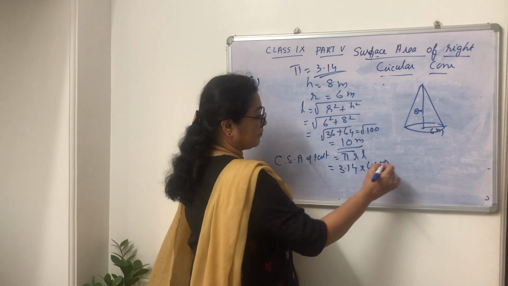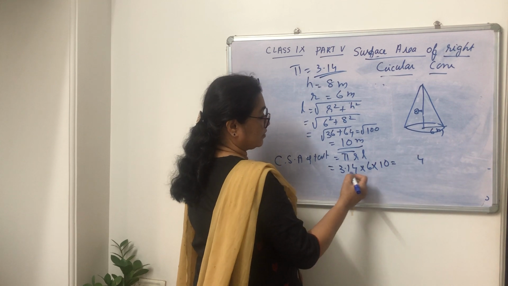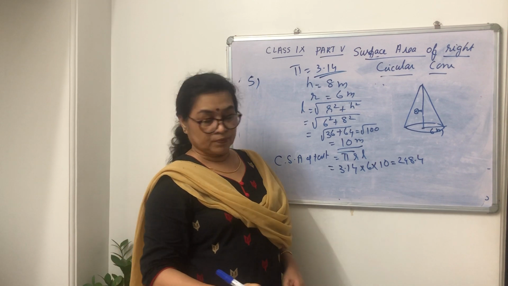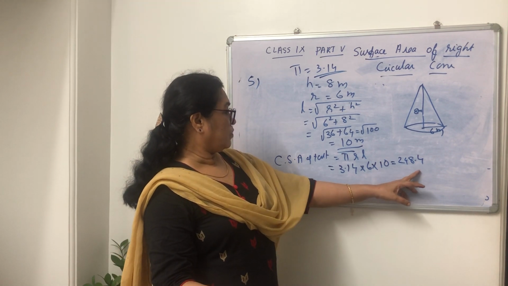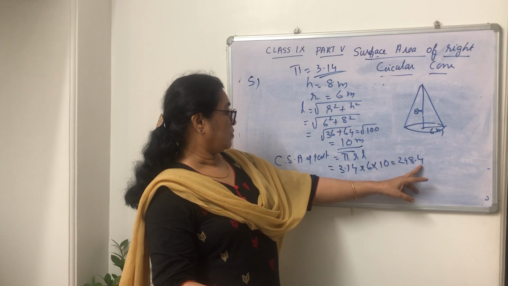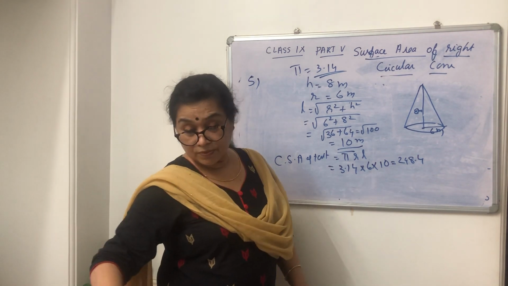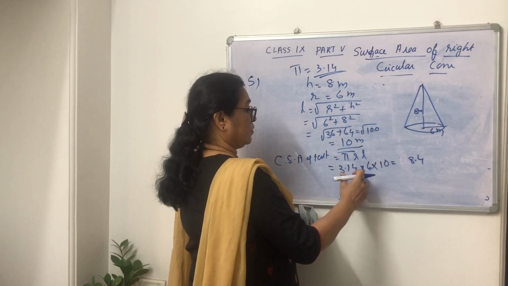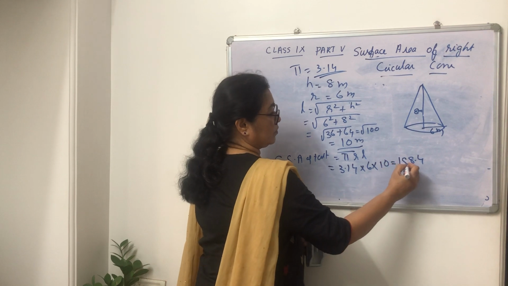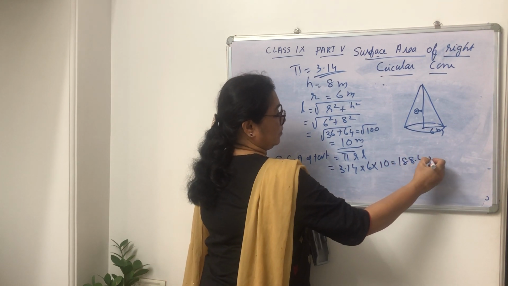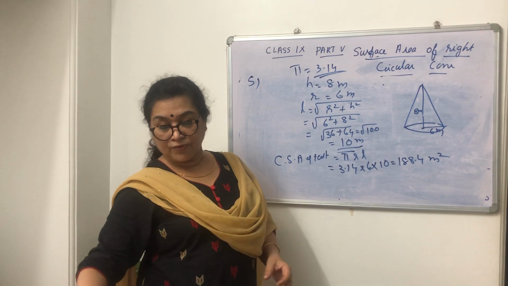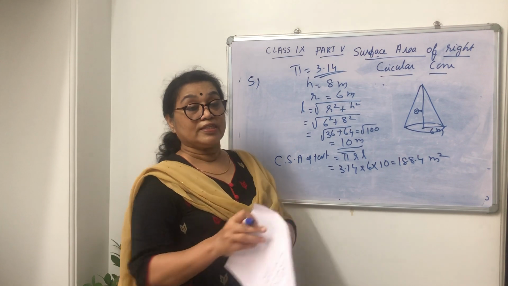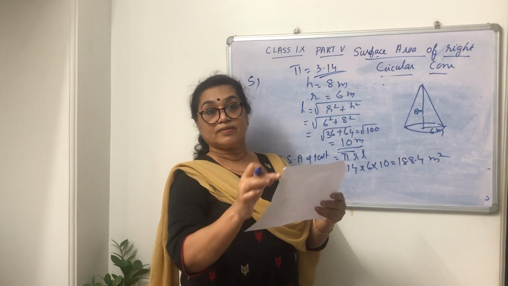So it is 188.4. This is the curved surface area of this tent. I have told you tarpaulin is given with the width 3 meter.